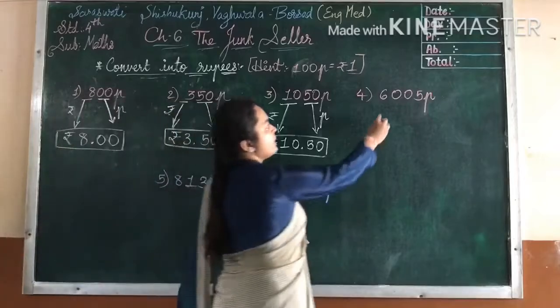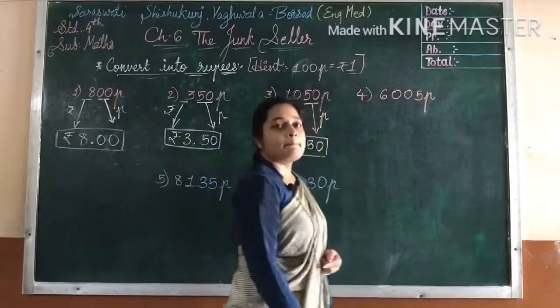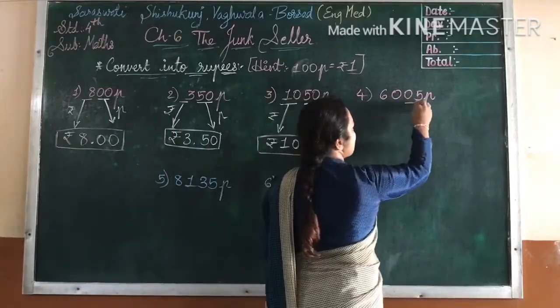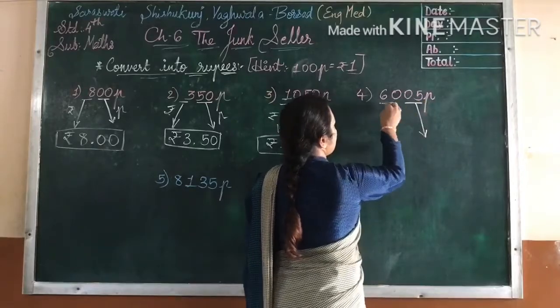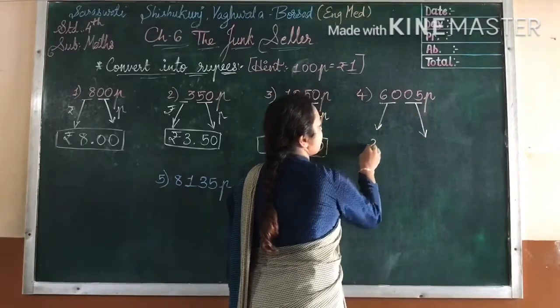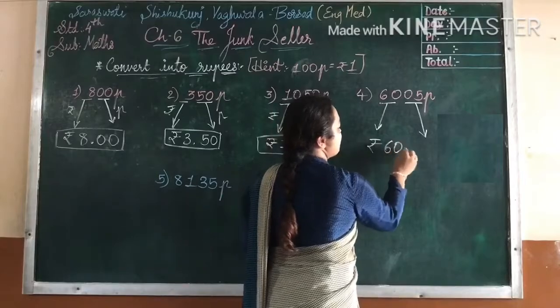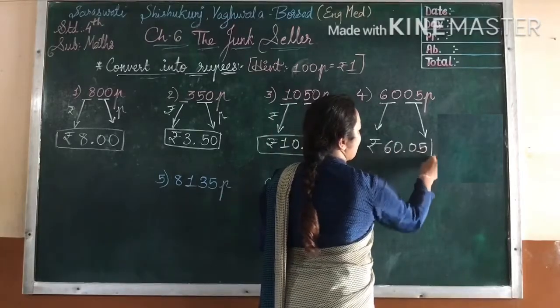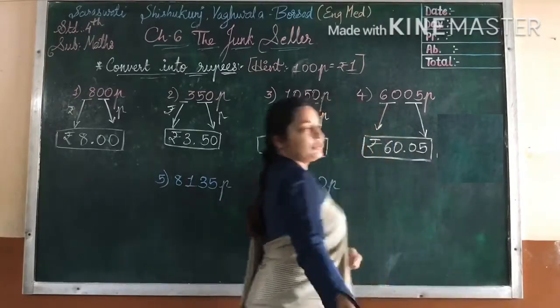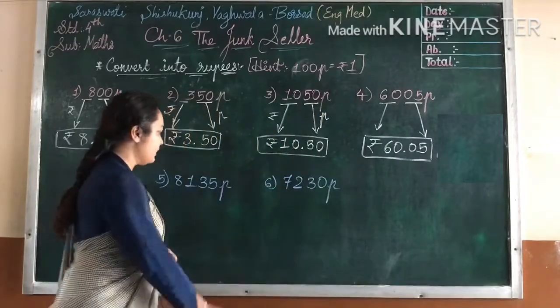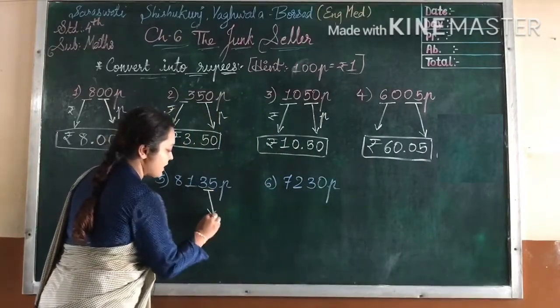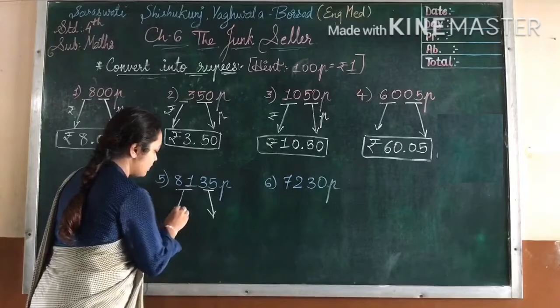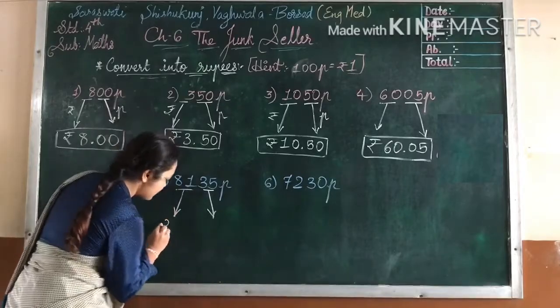Fourth sum, 6005 paisa. The last 2 digits are separated, and the remaining 2 are separated. So what answer did we get? Rupees 60.05. Number 5, 35 on one side, 81 on the other side. So what answer will we get?